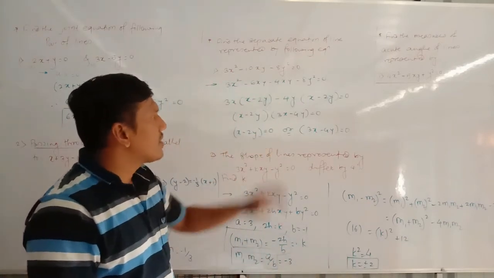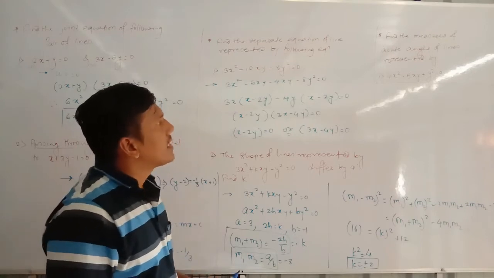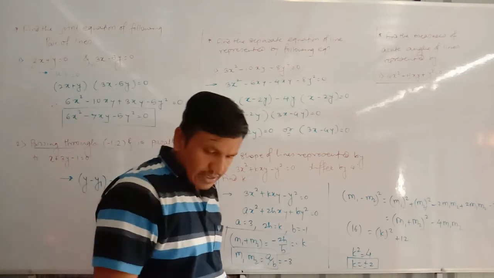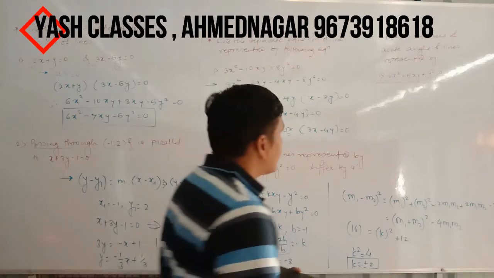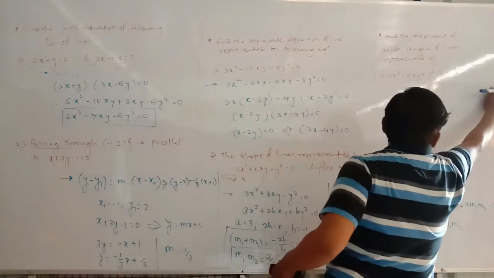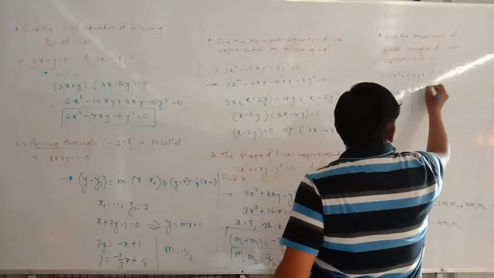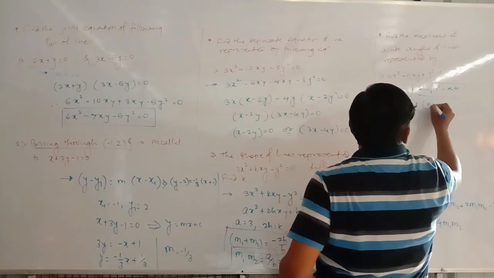Then the next important part is to find the measure of the acute angle of the lines represented by 4x square plus 5xy plus y square is equal to 0. Here I have already written the equation of the acute angle. tan theta is equal to 2 times square root of h square minus ab divided by a plus b.